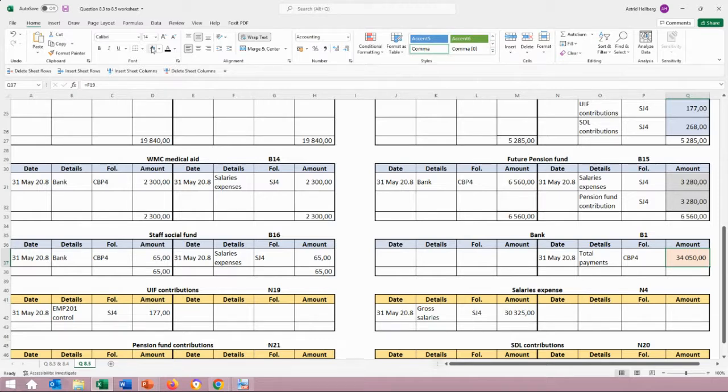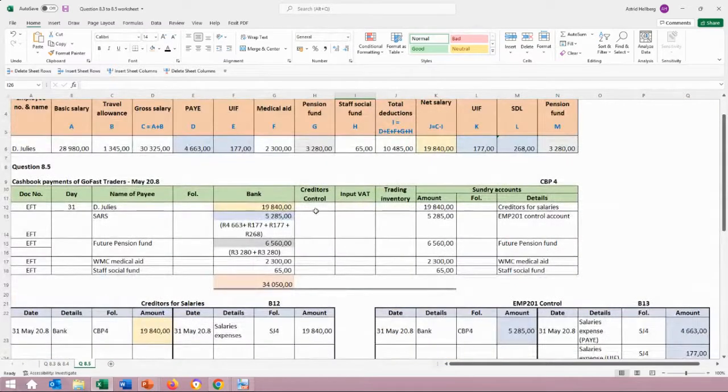Okay, and this is how you do the payments and transfer them into the general ledger account, which was question 8.5 as well, to show you how we account for it in the cash book payments journal up here, and how we transfer each and every transaction to the respective general ledger accounts.